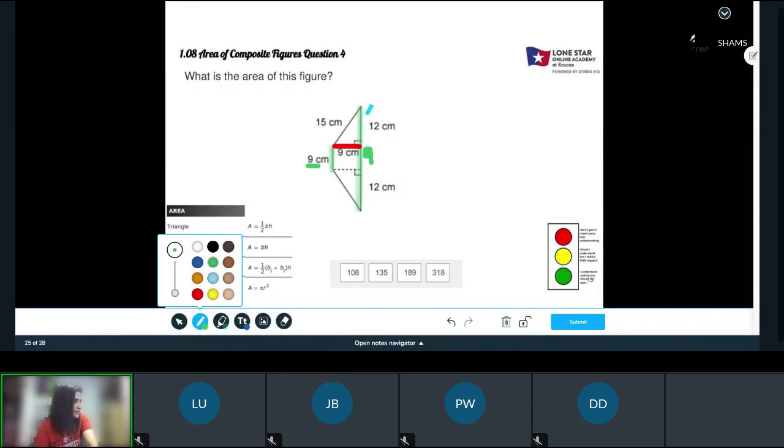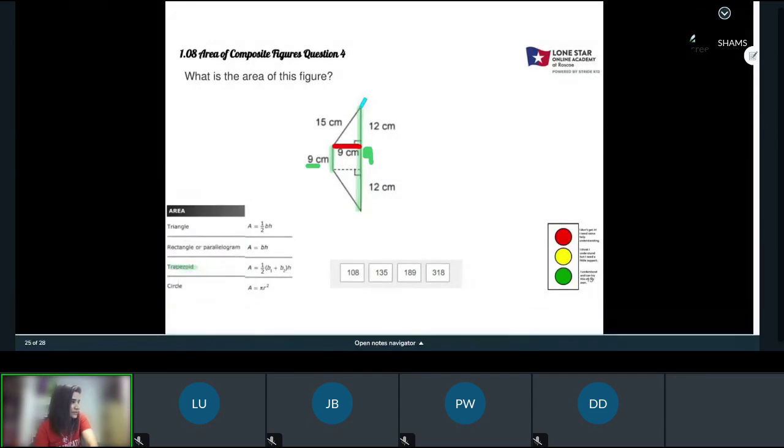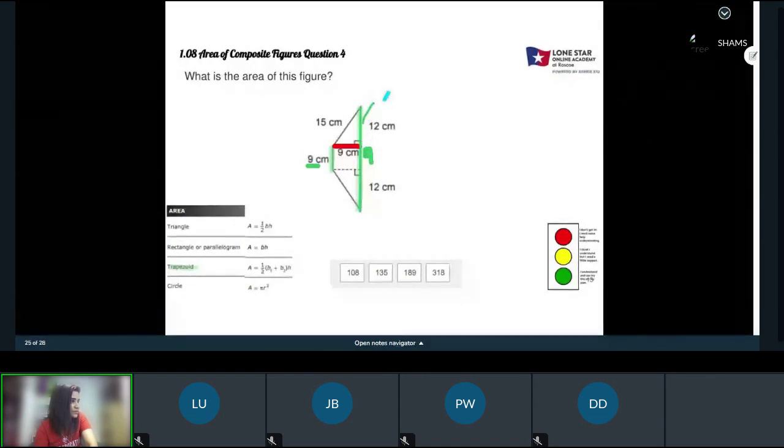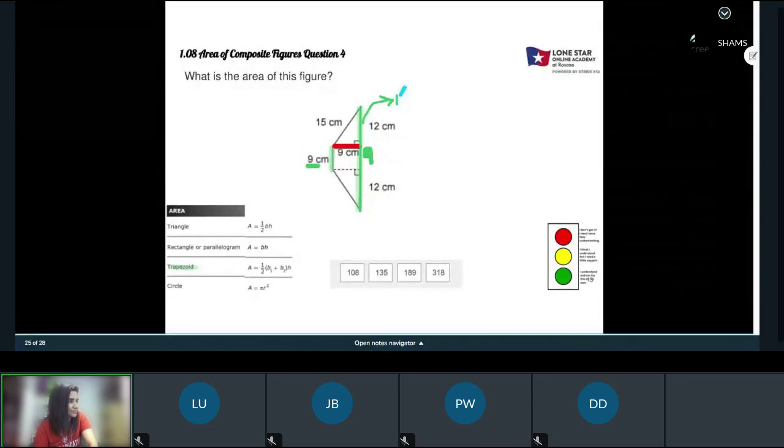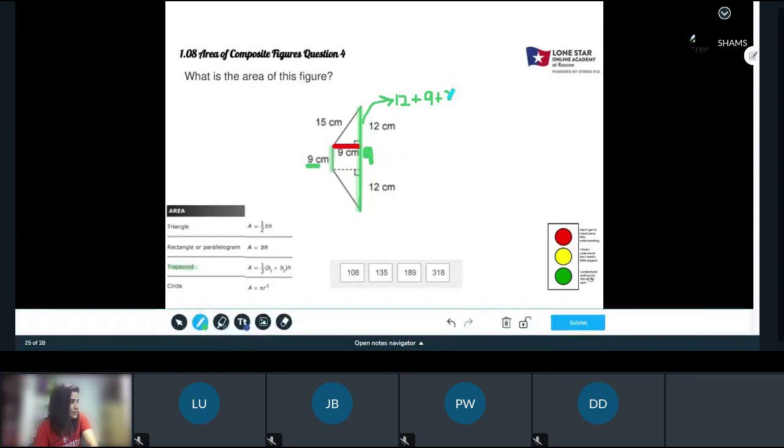Therefore, the total length of this side is 33. How? I do 12 plus 9 plus 12. That gives me this side as 33 as one of the bases of the trapezoid. And that's a 12.